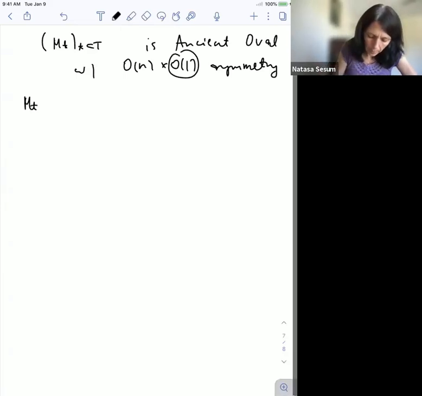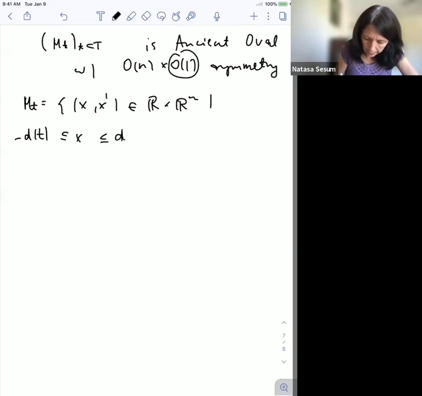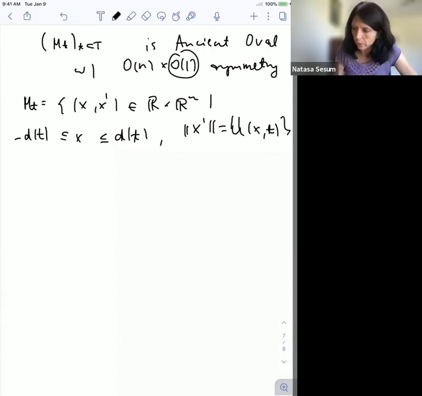So my ancient oval I can write as (x, x') in R cross R^n, where x is in between negative d(t) and d(t), and the norm of x' is u(x,t), where u is my profile function.